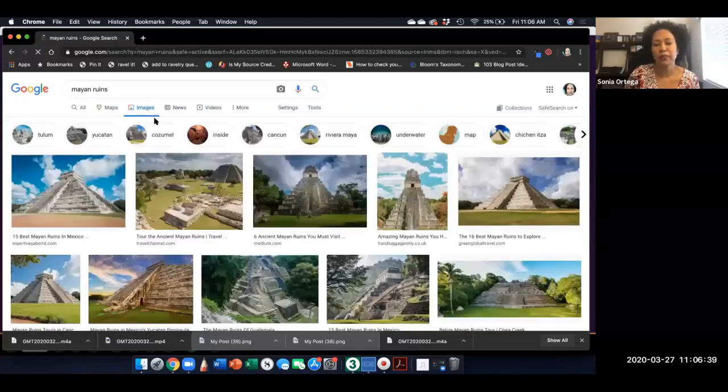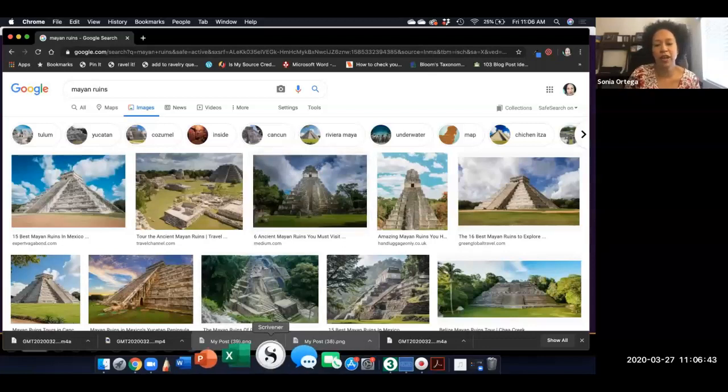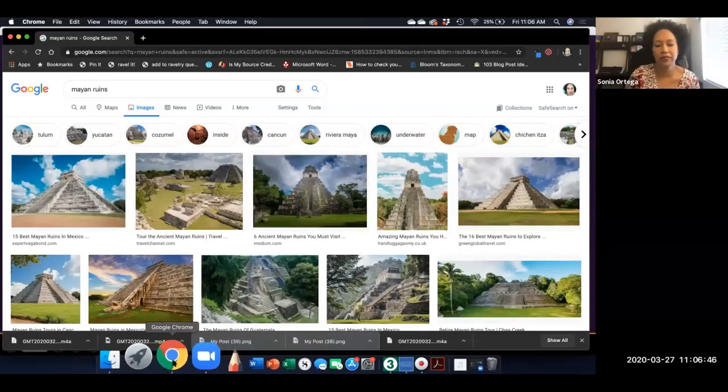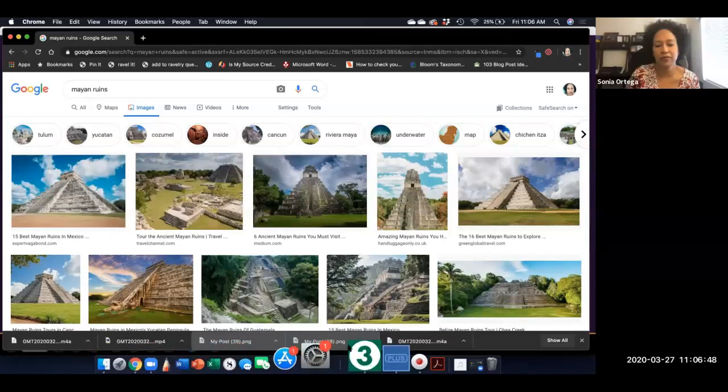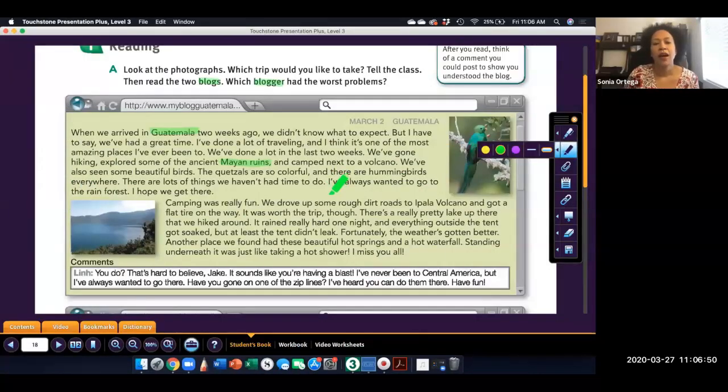But they're like pyramids. So these are very famous tourist attractions. Okay. And then this bird, quetzal, is this bird here. It's a very colorful hummingbird.